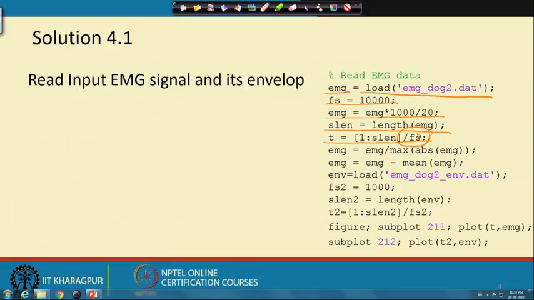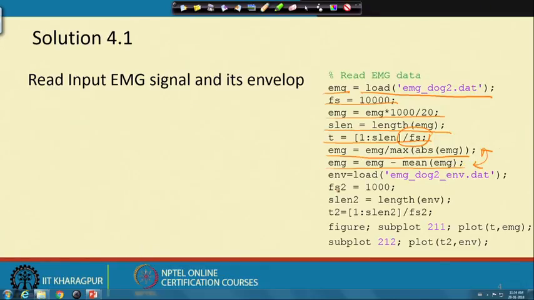And then we normalize the signal, we eliminate the mean. In fact, these 2 steps could be done in either order, we can remove the mean first and then do this.